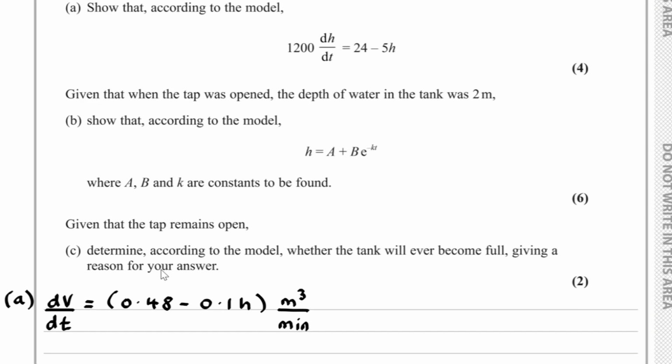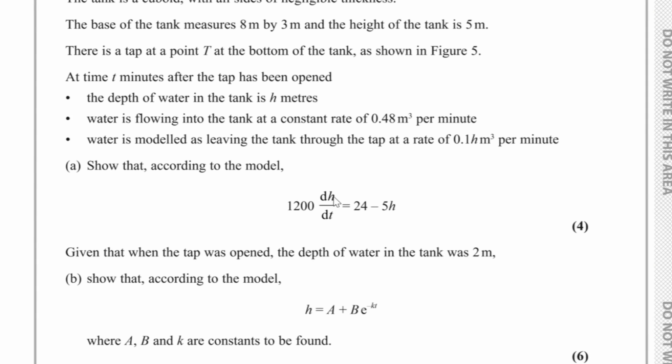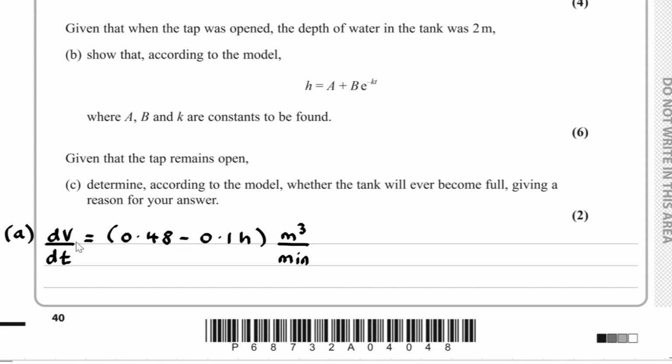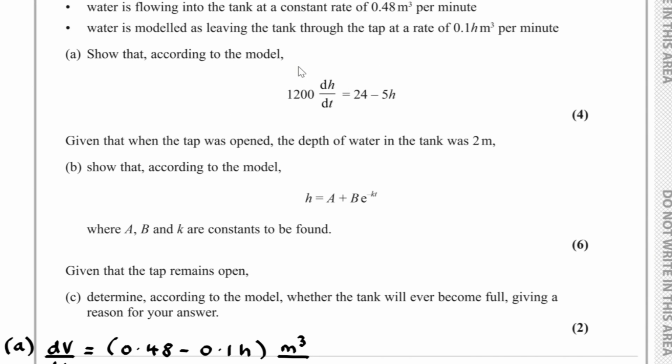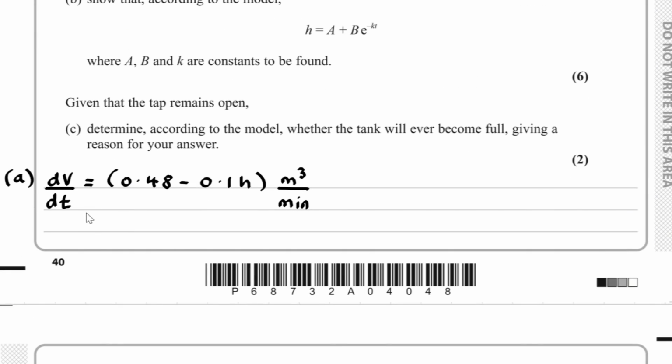So this is what dV over dt is. How does that help us? Well, we've got a dh over dt here, and a dV over dt here. In our show that, we've got something which doesn't involve volume. So we need to get rid of volume, and one way we can do that is to use the chain rule.